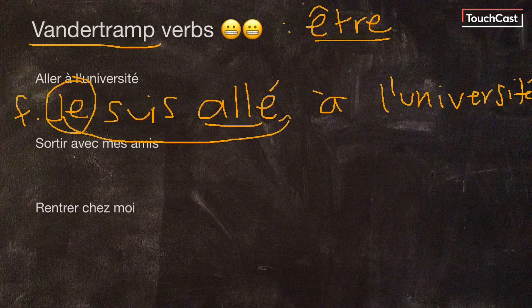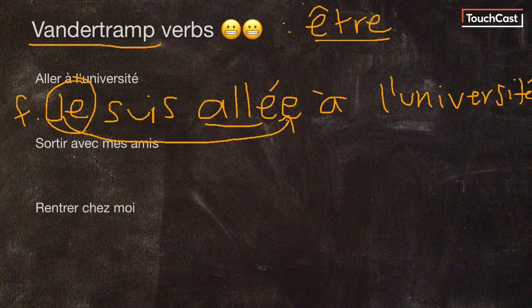So because it's feminine, we have to add an E. So we only have to worry about that if we have a verb that uses être. If you have a friendly avoir verb, you don't have to worry about this agreement. There are, of course, some exceptions, but that's advanced grammar, and we don't have to worry about that right now. You just really need to make this agree.